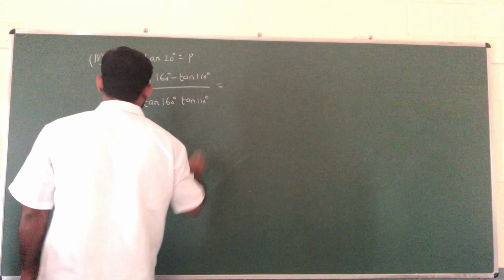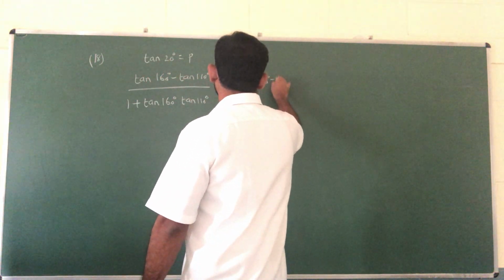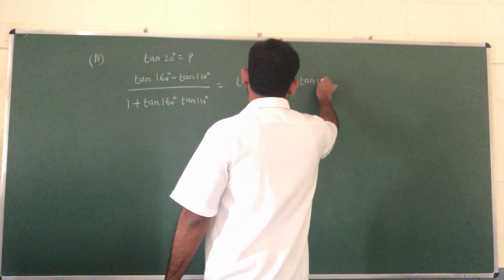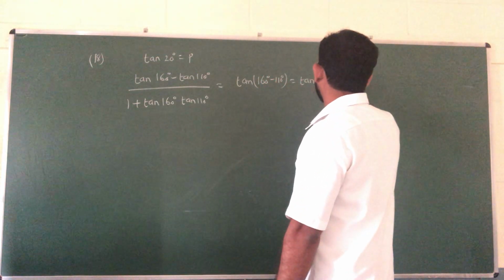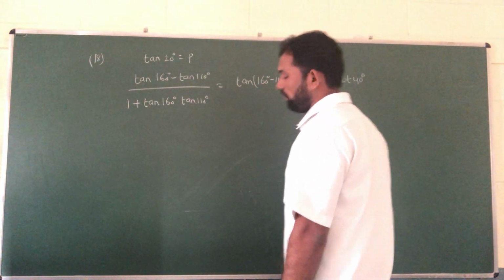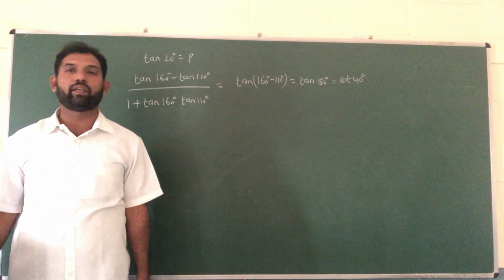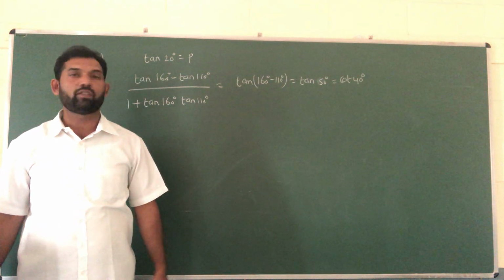It is in the form of the tan A minus B formula, 160 minus 110. So that is tan 50 degrees. Tan 50 degrees can be written as cot 40 degrees, since it is 90 minus 40.